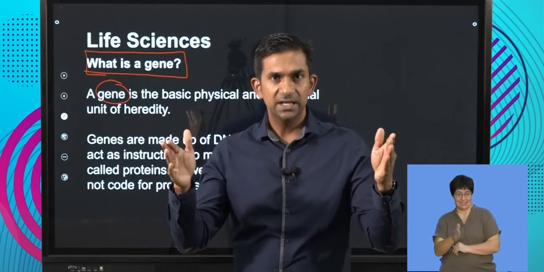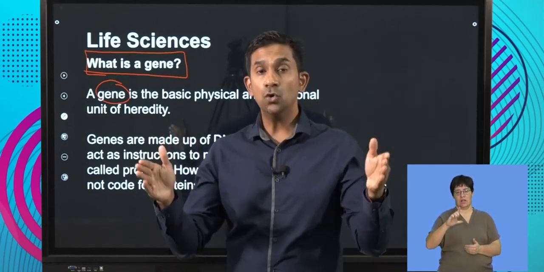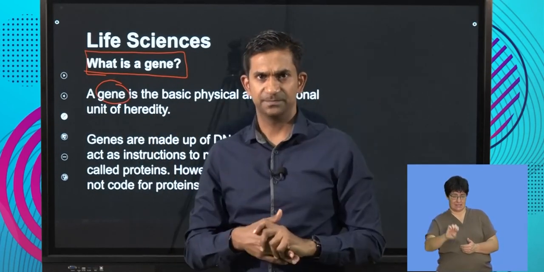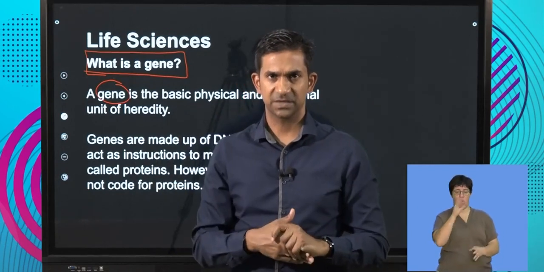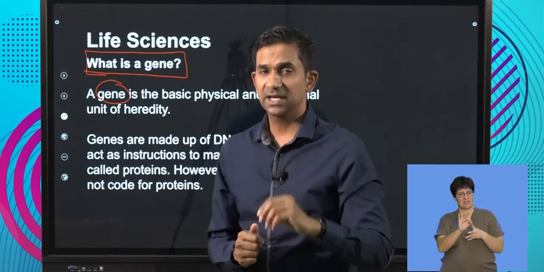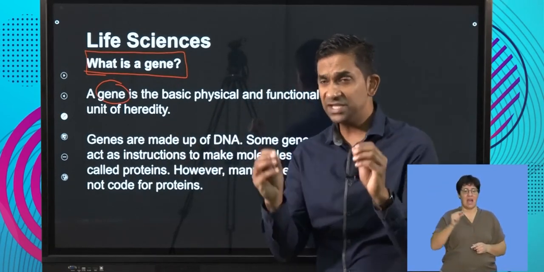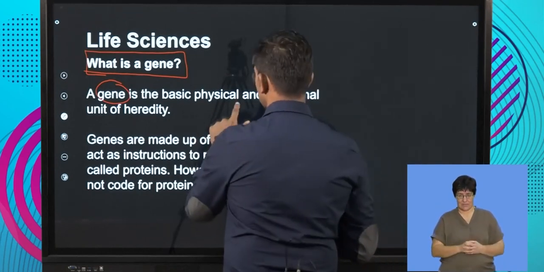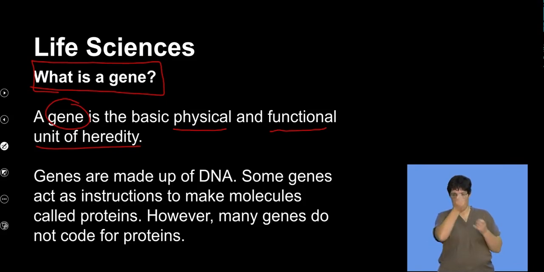So that gene is made up of a sequence of nucleotides that code for a specific function. And that talks to how DNA codes for characteristics. So a sequence of nucleotides that code for a specific characteristic or protein is called a gene. And a gene is essentially the basis of the physical and functional unit of hereditary information.